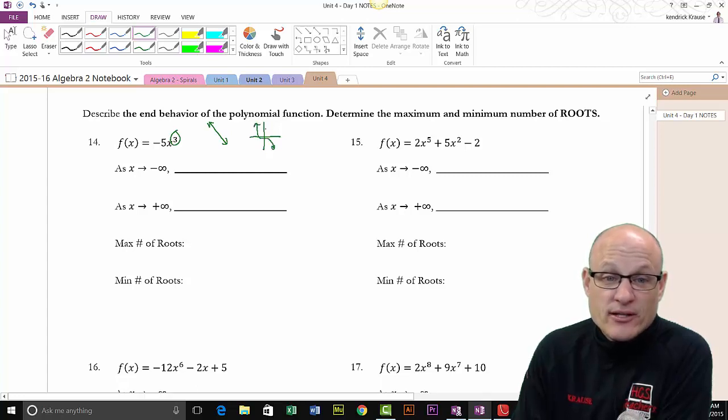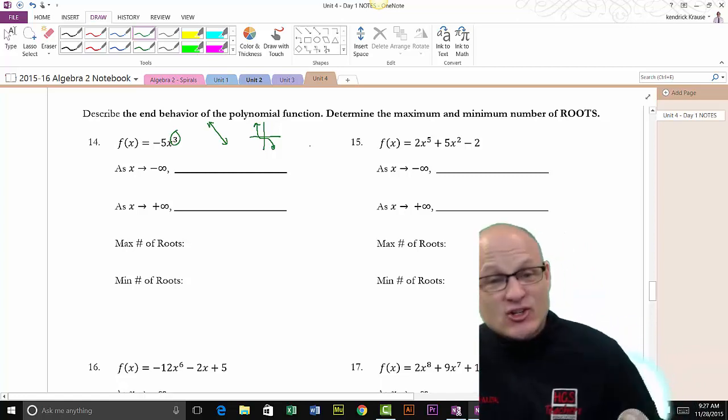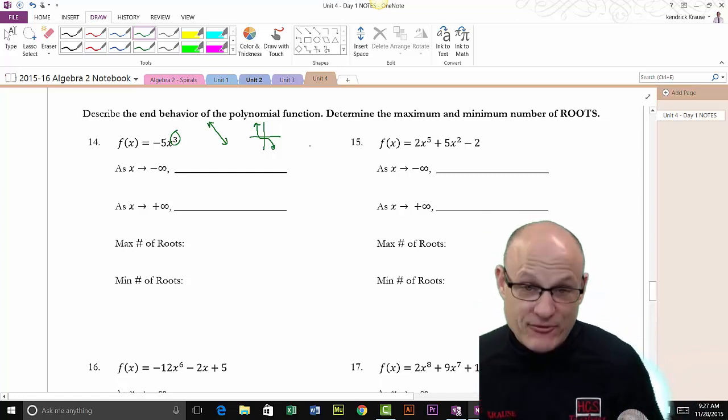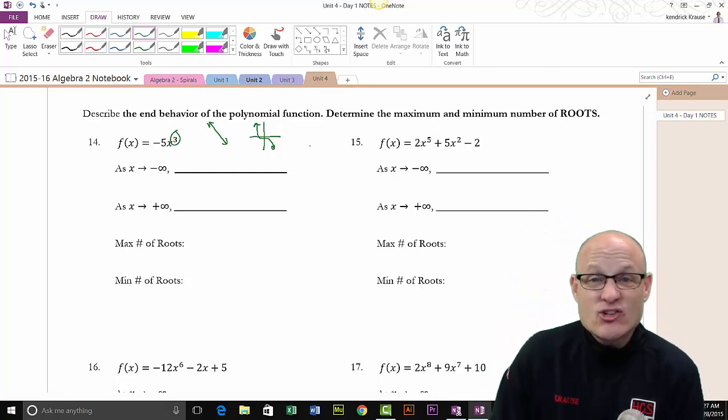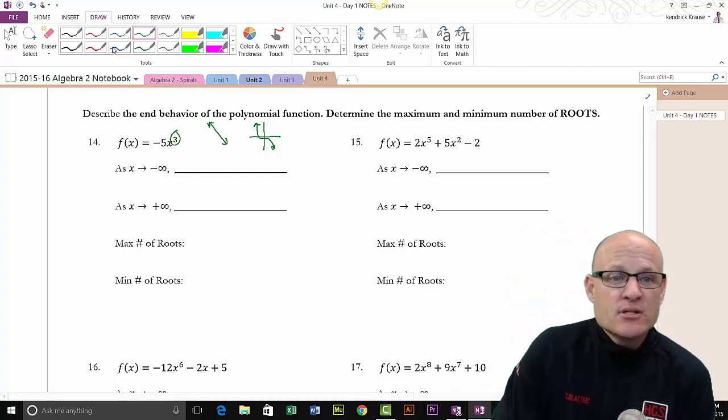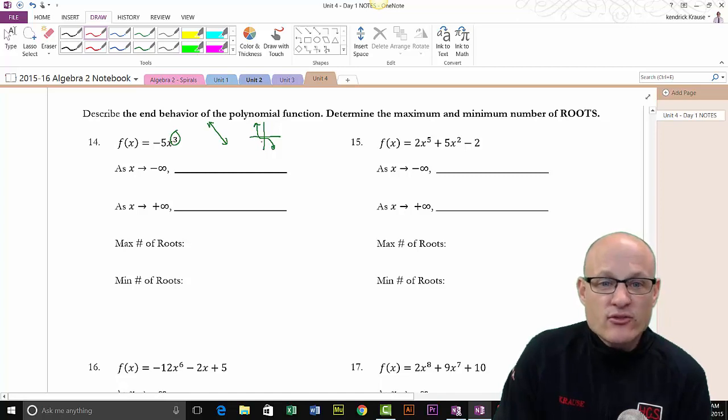As x goes to the left, or as x gets to negative infinity, where's y going? Oh, y is going to positive infinity. As x goes to the right or towards positive infinity, what's y doing? It's going towards negative infinity.